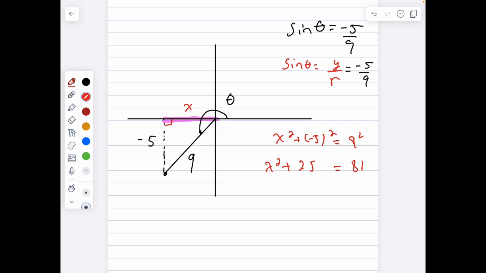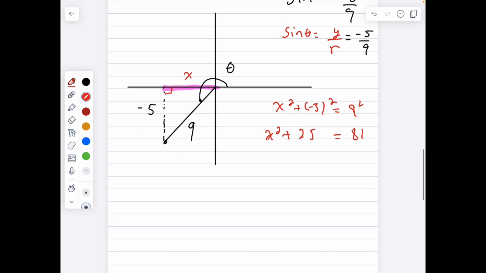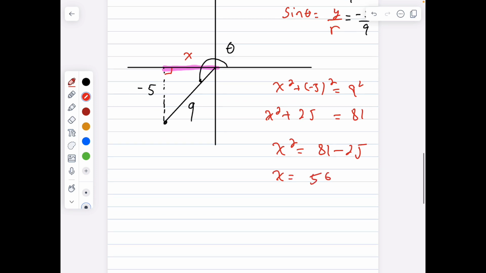So x squared plus 25 equals 81. So x squared equals 81 minus 25, which is 56. Sorry, x squared is 56. x equals the square root of 56. My apologies on that.